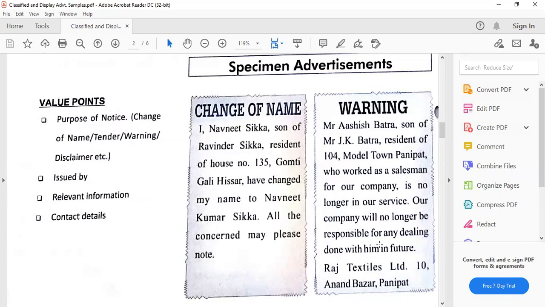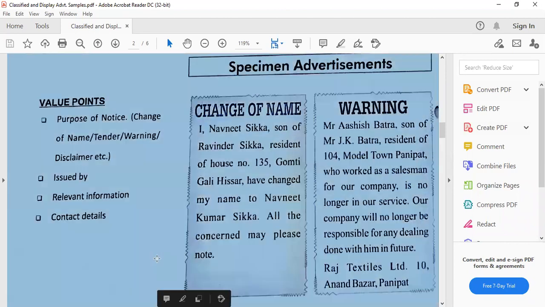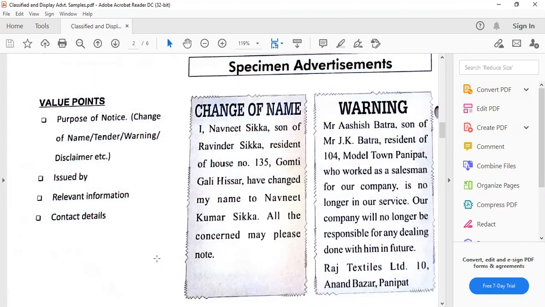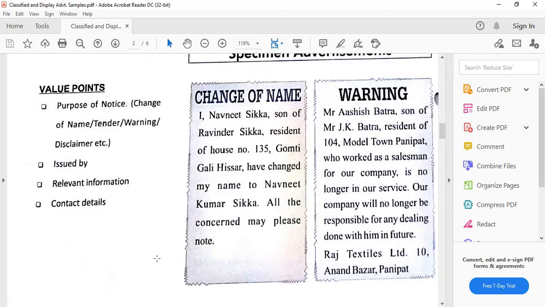I think it is clear when some firm or some company, they have some argument or some issue with any of their member or the person or the salesman or any dealer, they can give this type of warning notice that the company does not have any relation with so and so particular person. So if anyone deals with that person, that is their own responsibility.